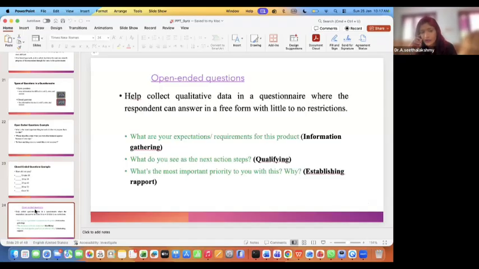In research, we have the qualitative and quantitative research methods, right? Generally in qualitative data, we will have the open-ended questions, especially for information gathering or qualifying something.